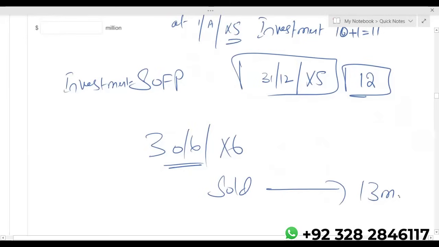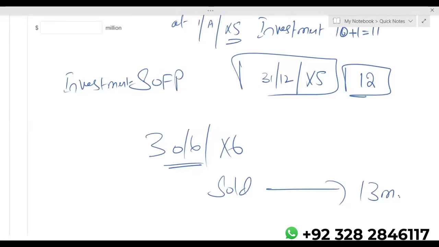What happens under IFRS 9? When there is an investment in the equity instrument and you have made an irrevocable election for fair value through OCI, it is written in IFRS 9 that immediately before disposal, you have to revalue your investment, and whatever the change comes, that actually goes to OCI.